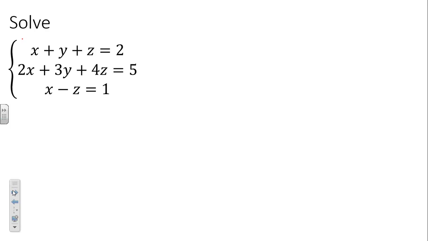Negative 3. So we'll have a negative 3x minus 3y minus 3z, and be careful not to forget to multiply that 2 by a negative 3 as well. Both sides of the equation, every term by the same number. So if I took a negative 3 times this, and I'm adding it to the second equation, I get a negative x, y's are gone by design, plus z equals negative 1.